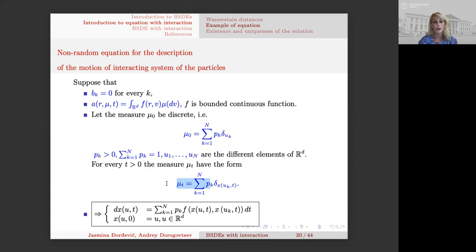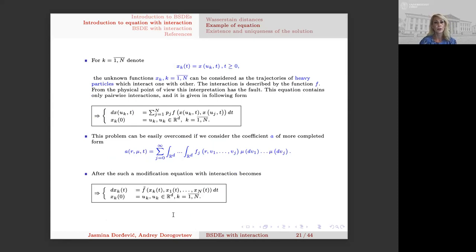And the equation with interaction with a discrete measure reduces to the equation given in the box at the end of the slide. So it has a simple drift given with the sum and initial condition u.